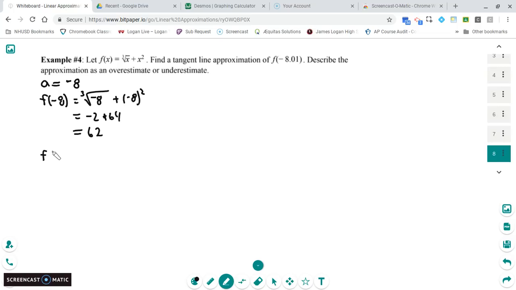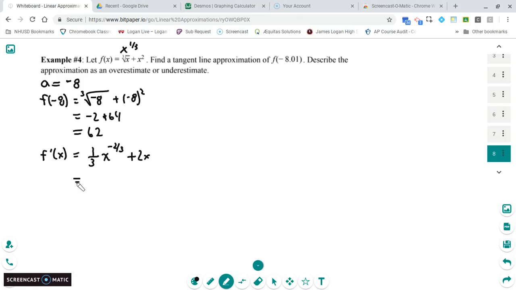Now we're going to do f prime of x so we can get the tangent slope at negative 8. All right, so this is x to the 1/3. So if I take a derivative of that, I get 1/3 x to the minus 2/3. And the derivative of x squared is 2x.